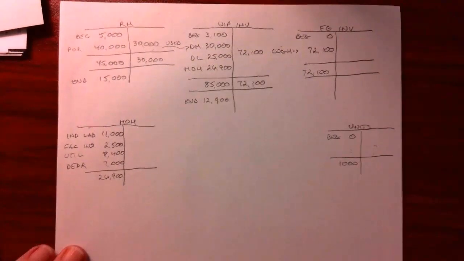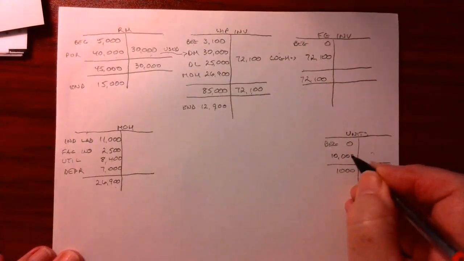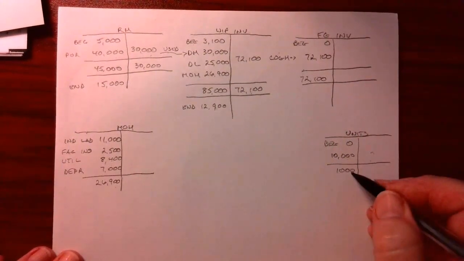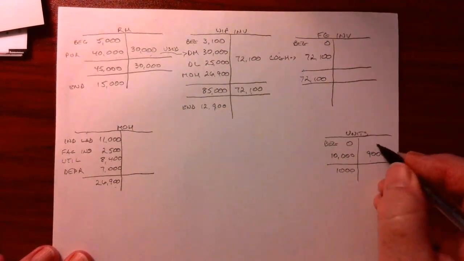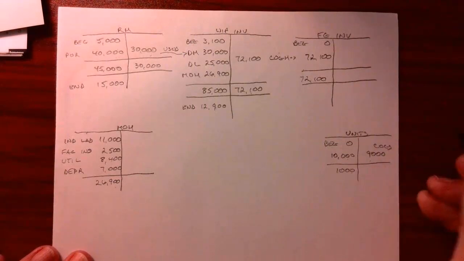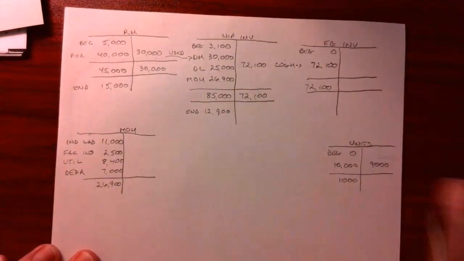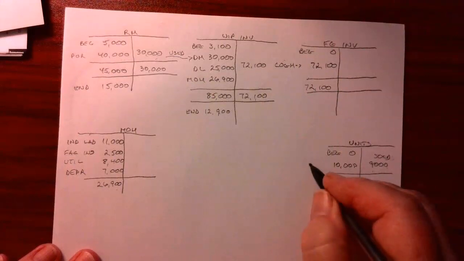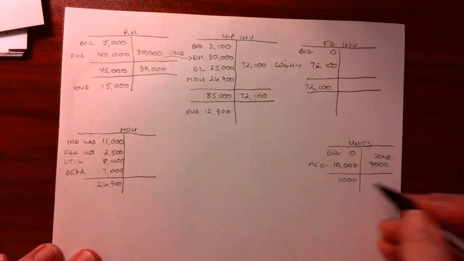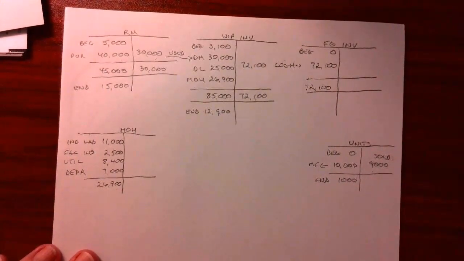So that means they went into our unit thing here. 10,000 units. So if we've got 1,000 left, that means 9,000 units are in cost of goods sold. Those are the units that were sold. These are just sold units, okay? These are manufactured. So we've got an ending balance of 1,000. So 9,000 units were sold.